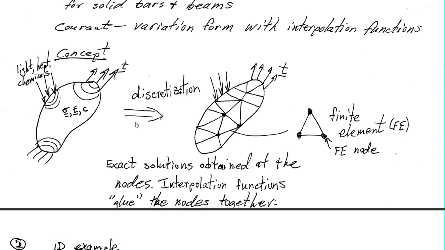Alright, so what we do is we do something called a discretization. So instead of getting a continuous solution everywhere, we break this problem into smaller pieces. So these are your finite elements, all these triangles.